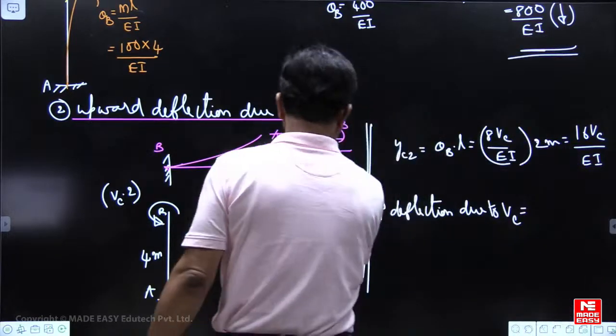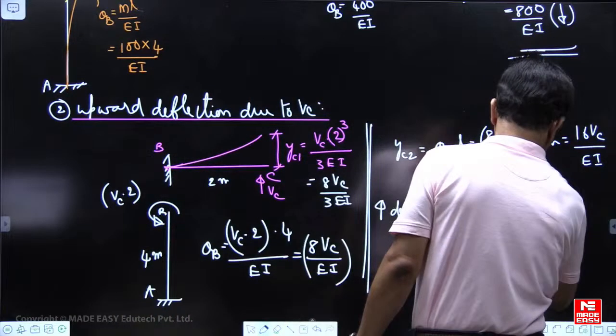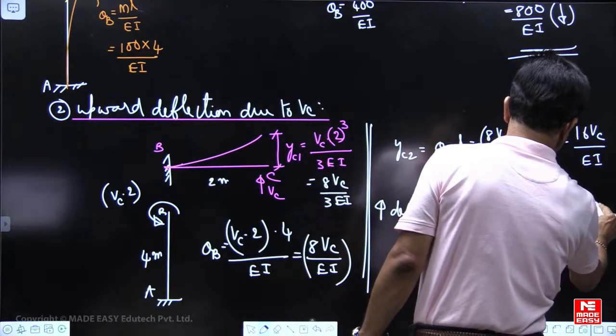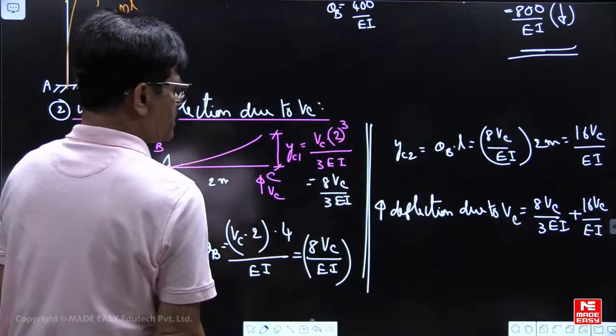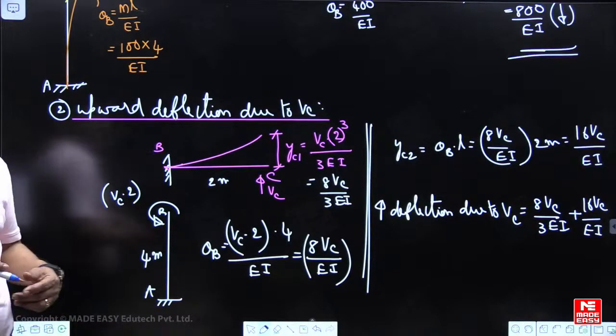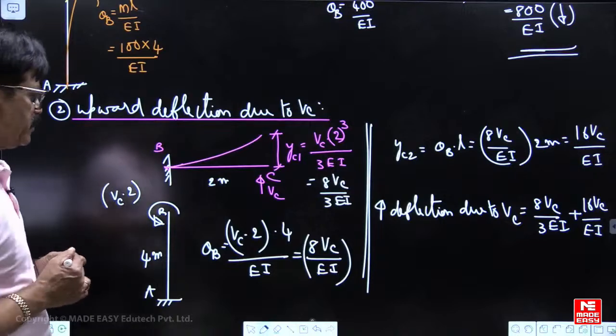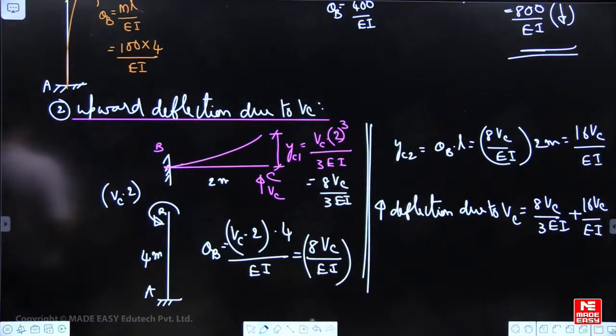Eight VC by 3, this value is 8. If you take 3 as a common factor, 48 plus 8, VC into 16 by EI, VC into 8 by 3EI. VC into 8 by 3EI, 18.67.